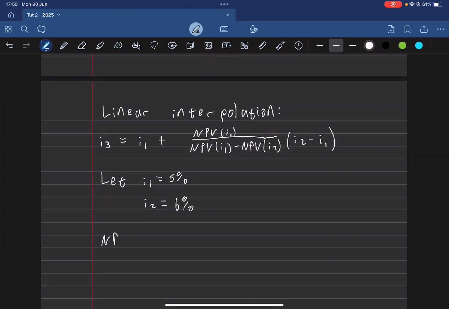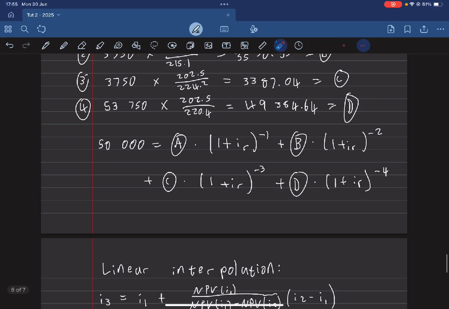Now for this formula we've got I1 and I2, so we need to work out the net present value. For I1, you take this equation and instead of the interest rate, you sub in 5%, and you also take the 50,000 across.